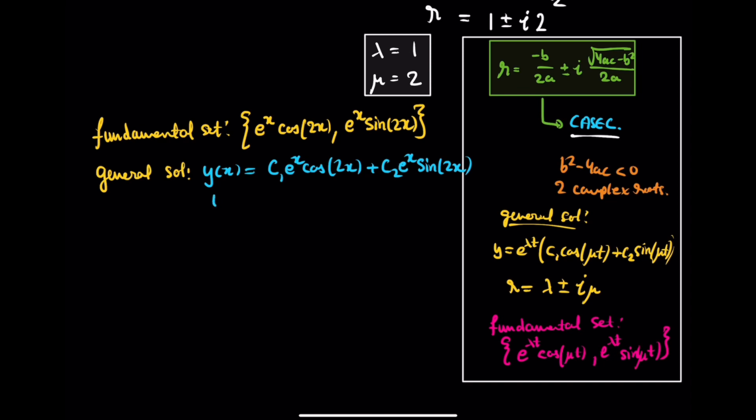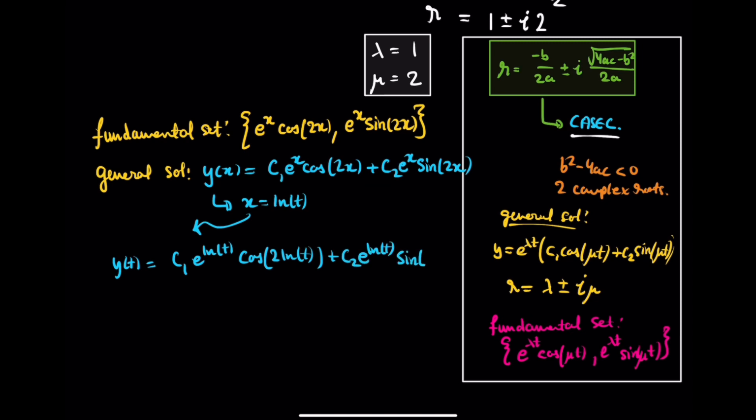Now remember, x equals ln t. So therefore y of t is going to look like this. y of t equals c1 e to the ln t cosine 2 ln t plus c2 e to the ln t sine 2 ln t. And so, e to the ln of whatever the argument is, that is the argument itself, simplified.